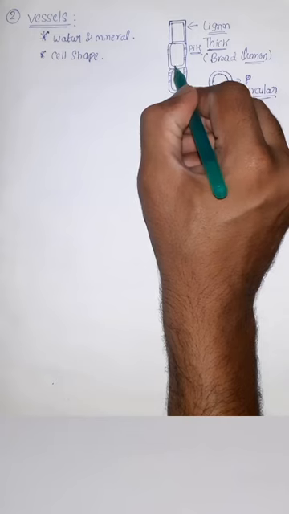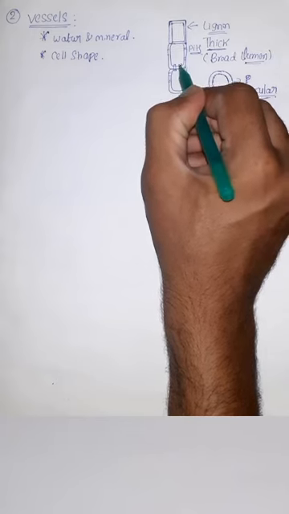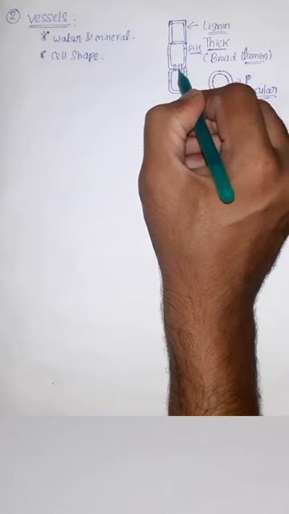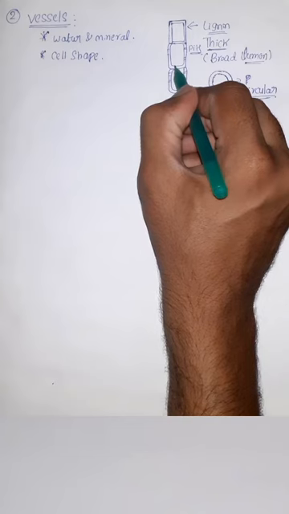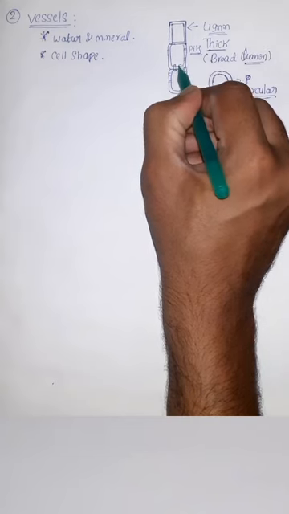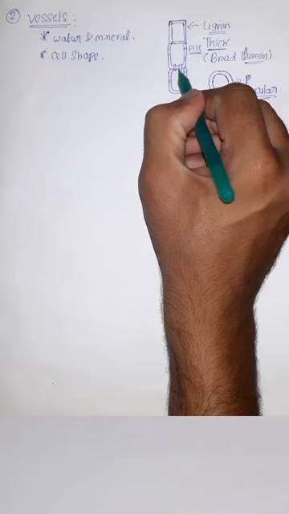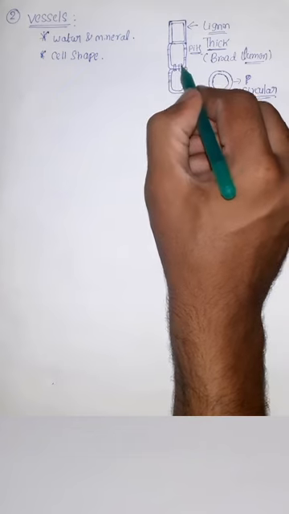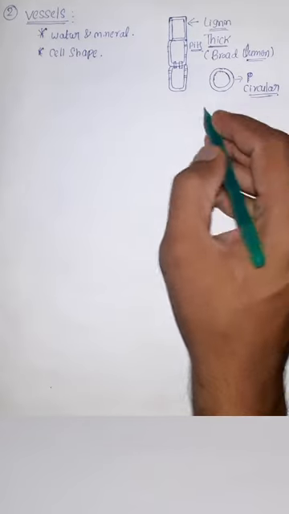Here the pits arranged on horizontal lines are otherwise called perforations. The number of perforations may be one, two, or many, depending on the species. These perforations of vessel elements allow the vertical movement of water and minerals.